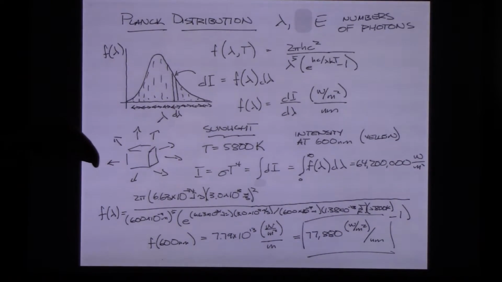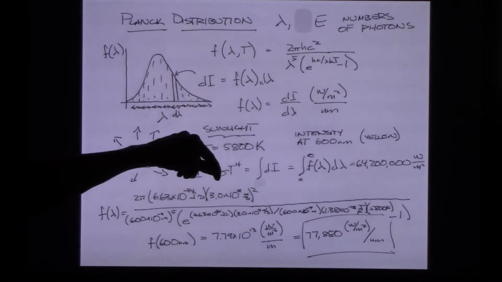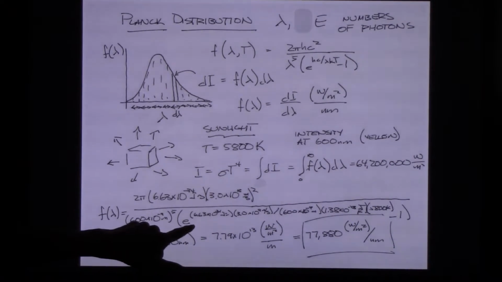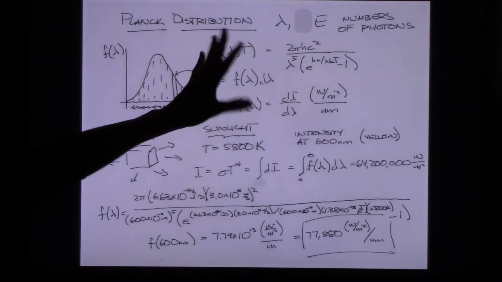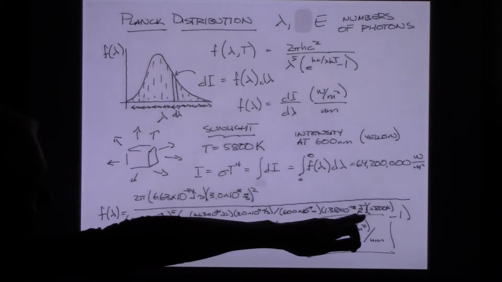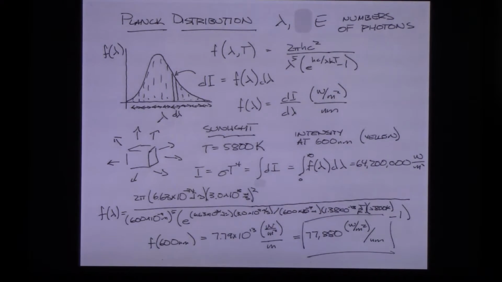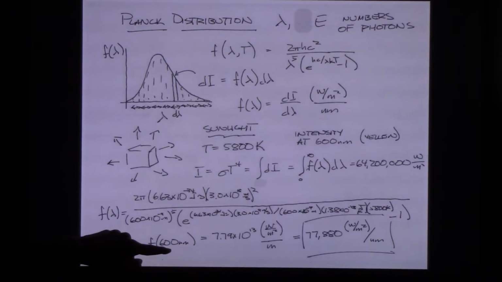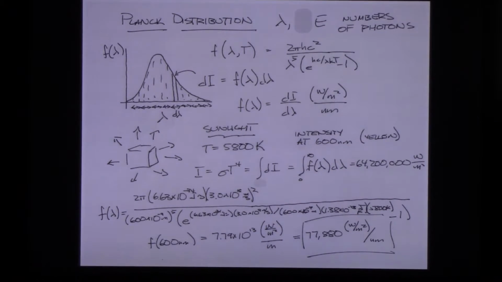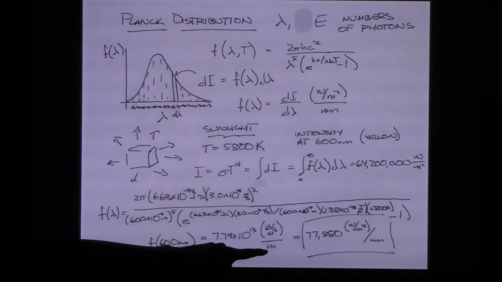I plugged in my factors of h and my factors of c squared, wavelength to the fifth power, and all that hc over lambda kT stuff, where k is Boltzmann's constant, and I plugged in 1500 kelvins. I'm solving for the value of that function at the wavelength of 600, and it worked out to be 7.79 times 10 to the 13th watts per square meter per nanometer, per meter.